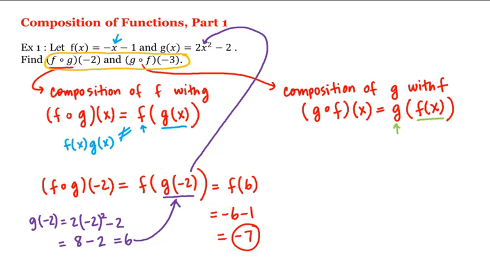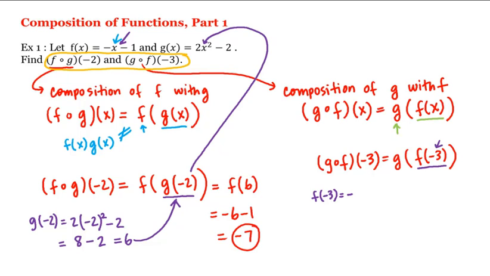All right, and what about the second value we're looking for? G composed with f evaluated at negative 3 is g of f of negative 3. And now we first need to compute f of negative 3 by plugging in negative 3 up over here wherever we see an x. That is, f of negative 3 is equal to negative negative 3, be careful, minus 1, or 3 minus 1, which is 2.